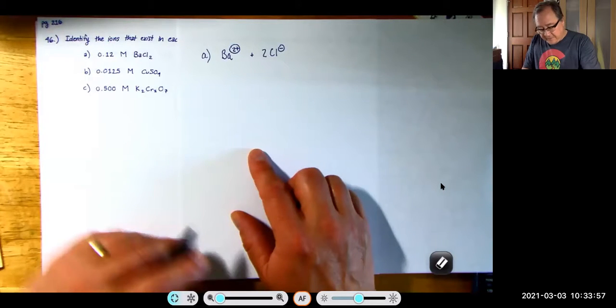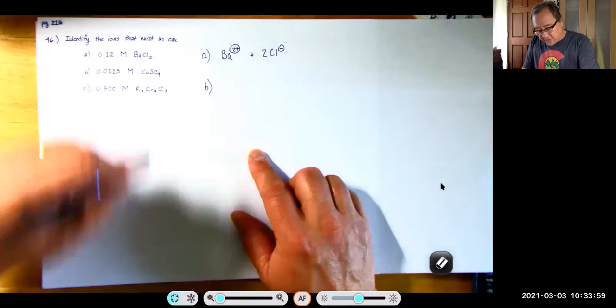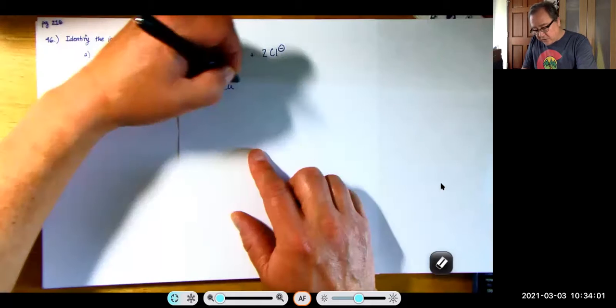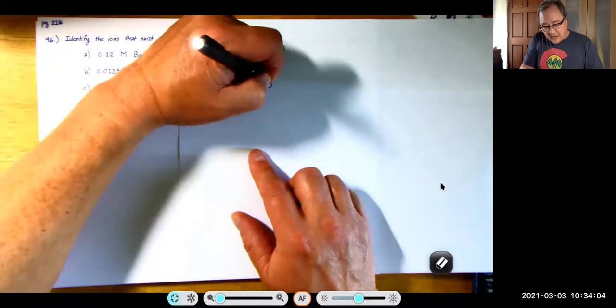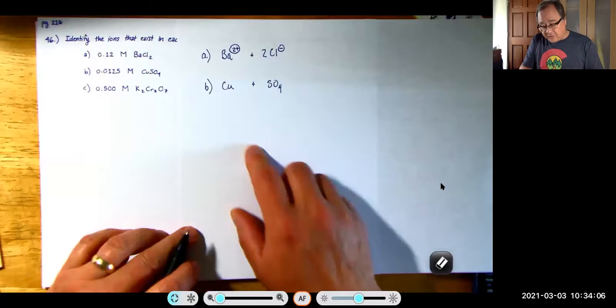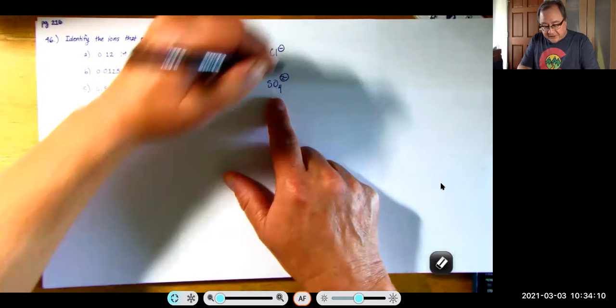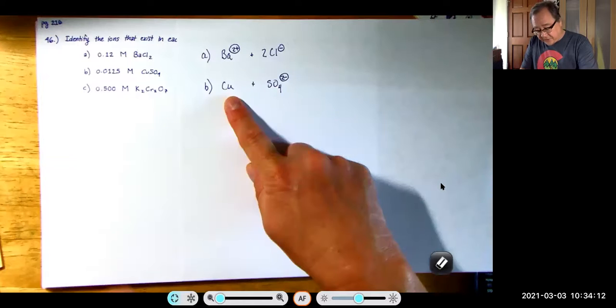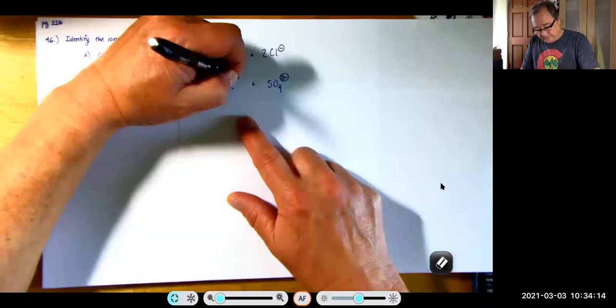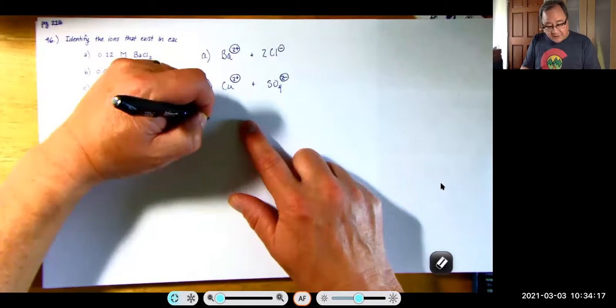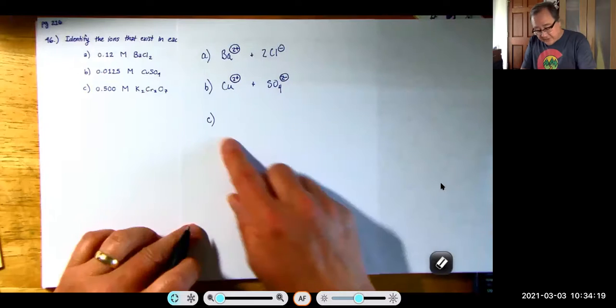And for B, there's one copper ion and one sulfate ion. I memorized the charge on sulfate as -2. And because there's one of each of these, the charge on the copper has to be +2. For C, we have 2 potassium ions.